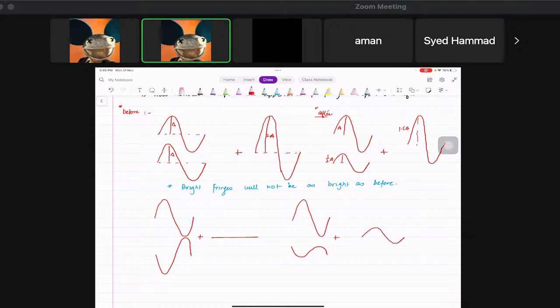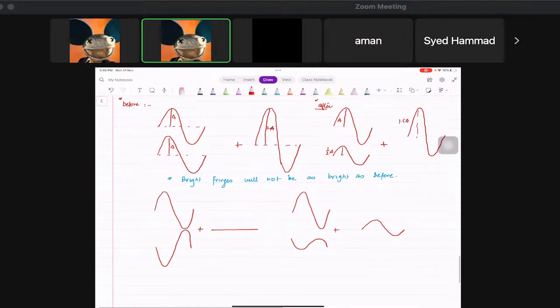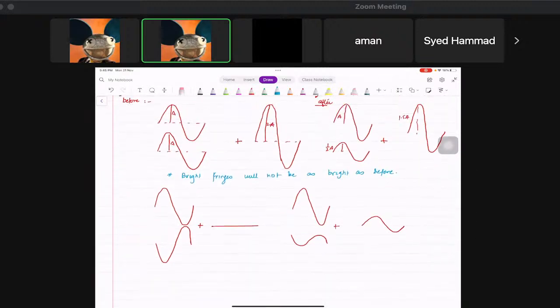It's not going to completely cancel out. So we can say that the dark fringes will not be completely dark anymore, because some of the light is still there, it's not completely cancelled.